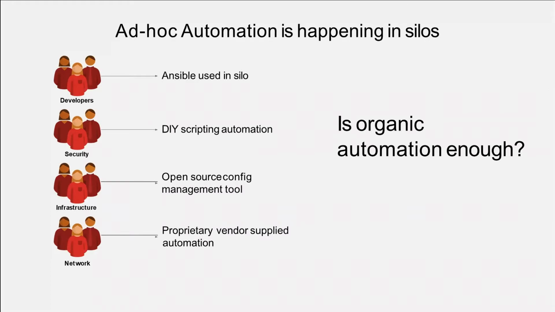What we see happening is this automation is not organic enough, and each group is automating a different way at different speeds, and they're having different results, which is creating an uneven view in management's eyes of the benefits of automation.